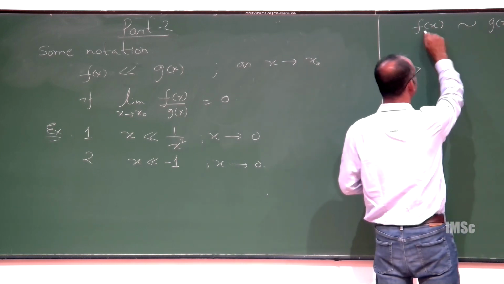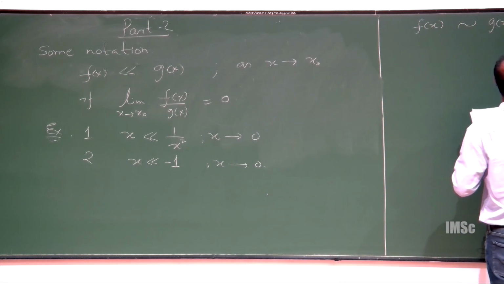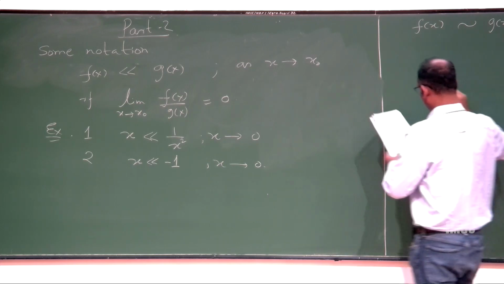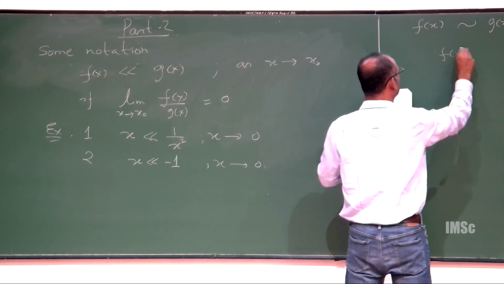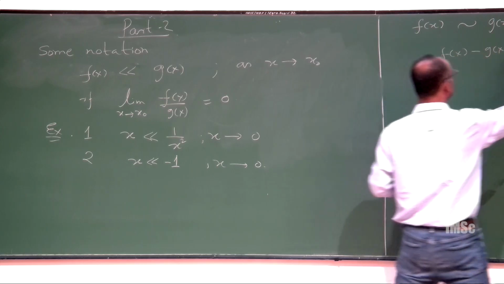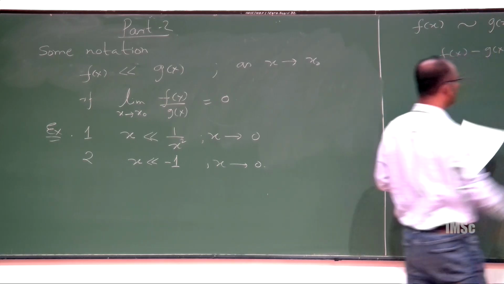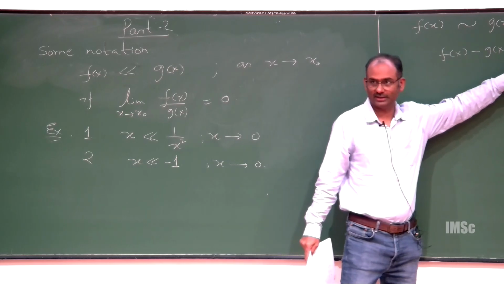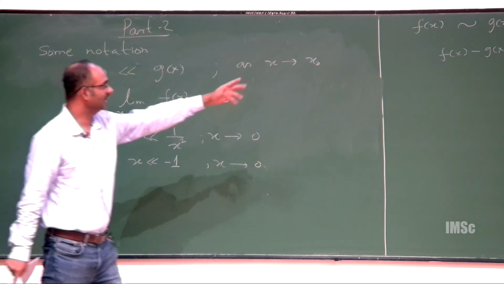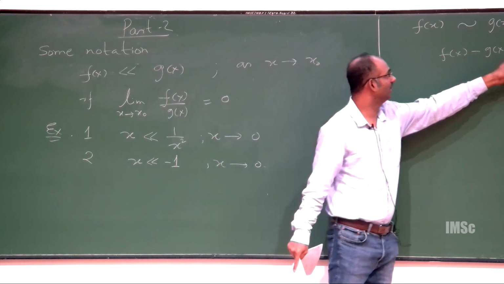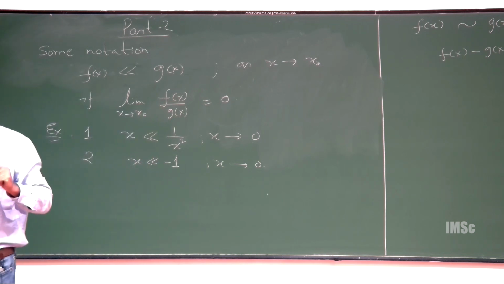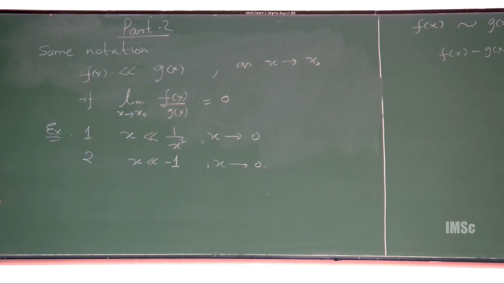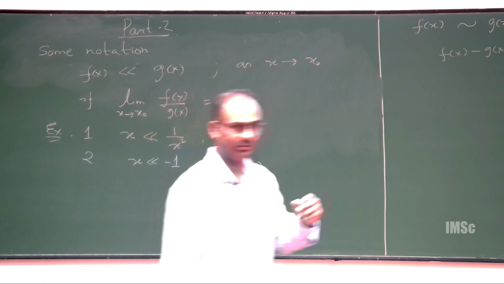So this you read as f(x) is asymptotic to g(x) as x goes to x naught if, by this statement I mean that f(x) minus g(x) should be much smaller than g(x). Where I have already defined what it means to say something is much smaller. So you can check if the difference of two functions is smaller than g using this criterion, then you say f(x) is asymptotic to g(x) as x goes to x naught. And you can also check that if f(x) is asymptotic to g(x), then g(x) is asymptotic to f(x).